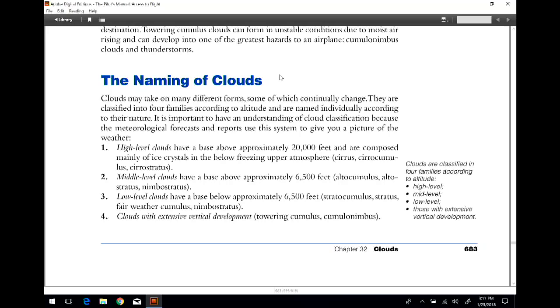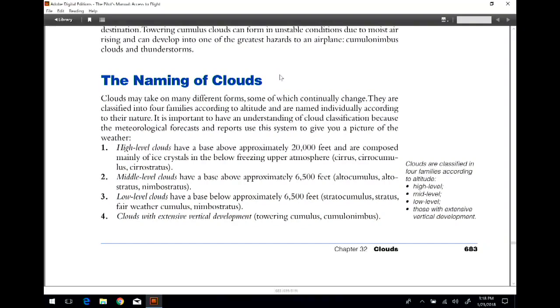The low-level clouds have a prefix of strato or stratus, and those are going to be clouds at 6,500 feet or below. It's kind of interesting, because I had always had this feeling of strato as being stratosphere and being way up high, but I was wrong. They're kind of down low.